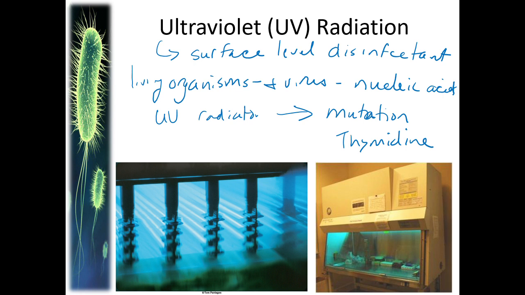We've got thymidine dimers, which then mean that your DNA is changing its structure, which changes its function. If these happen in anything that is critical, right, how do we use DNA in a cell?